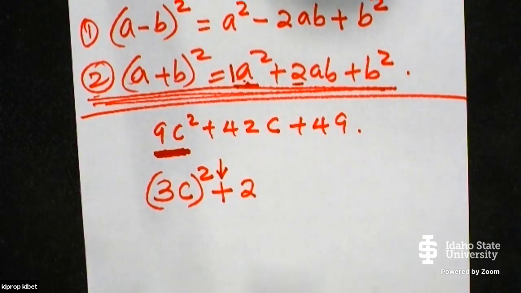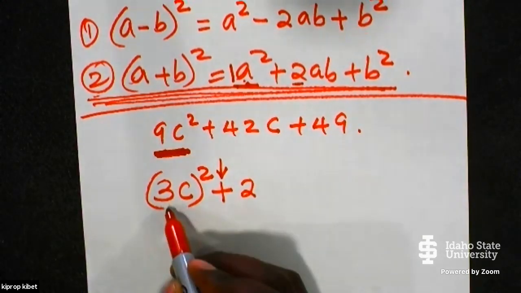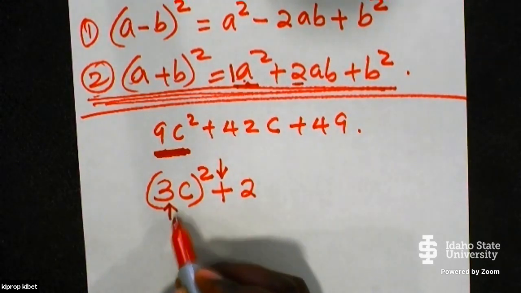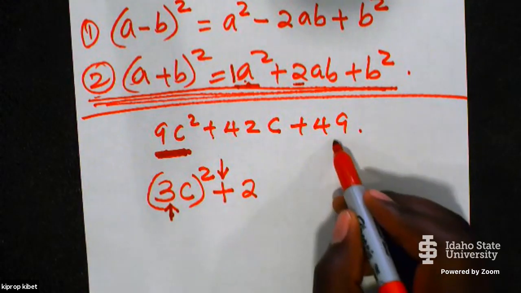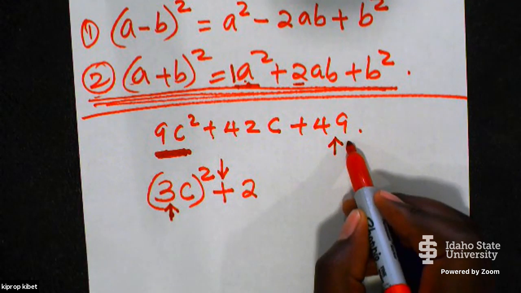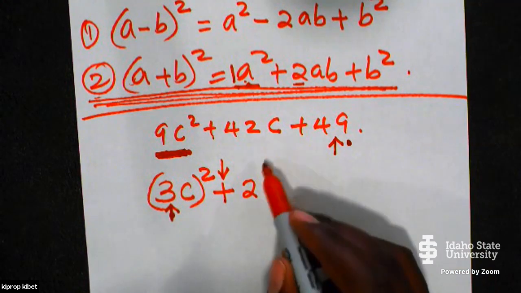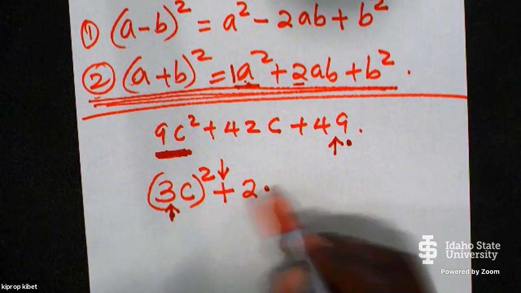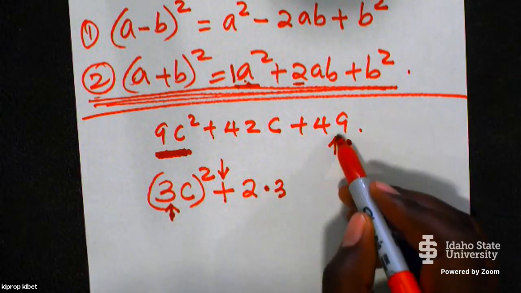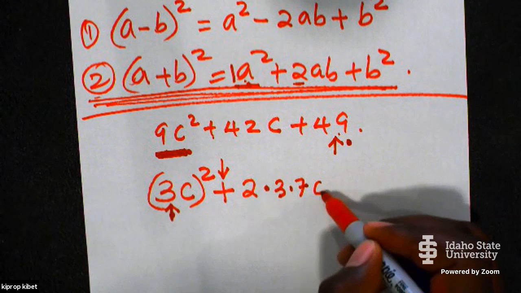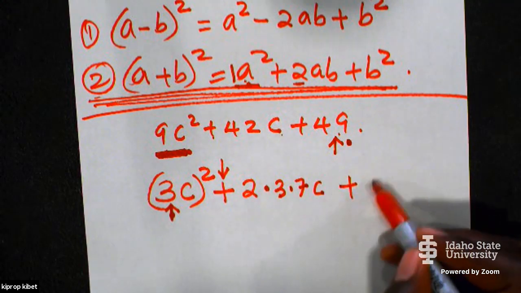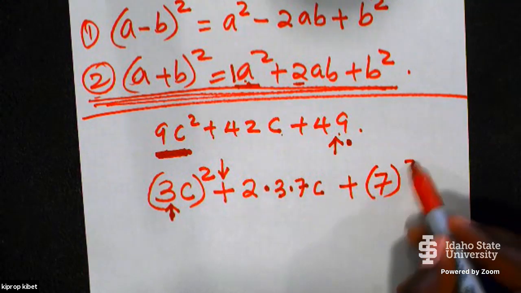So AB we are getting from here. So A is 3c there, okay? And then B is the one which you get from here. And the square root of 49 is what? 7. So A and B are now 3c there, and 7 there, plus now the 7 squared.